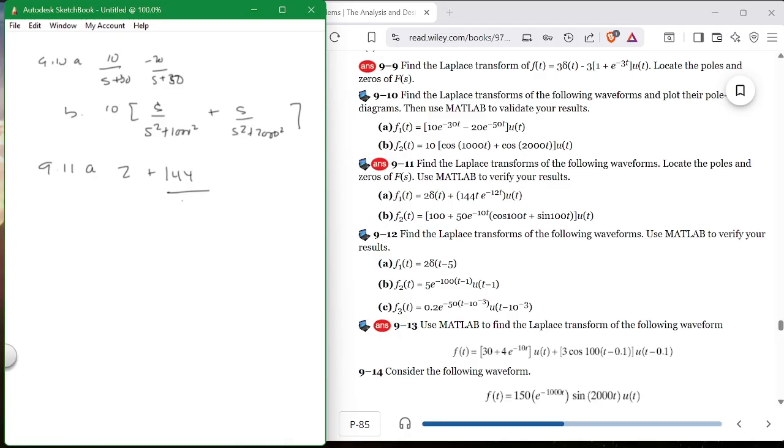It's 1 over s plus 12, and then that whole parenthesis is squared. Yeah, that sounds about right. Does everybody see that? Is that right? Because I don't have the sheet in front of me.